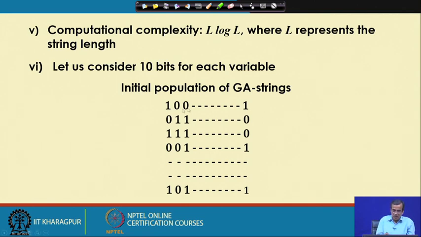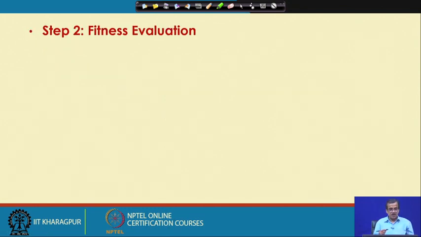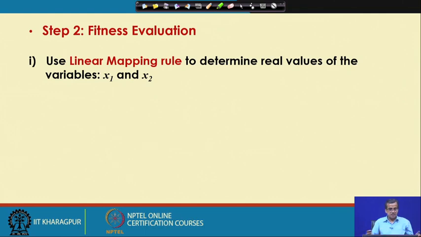Each binary string has 20 bits, 10 for each of the variables x 1 and x 2, and this is the whole population. The size is denoted by capital N, that is nothing but the population size.